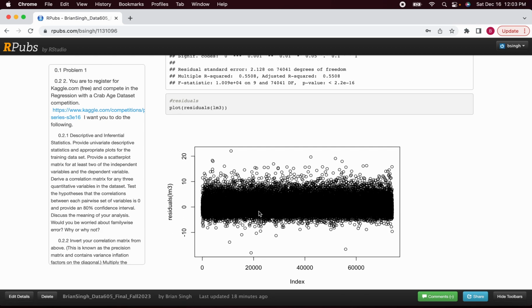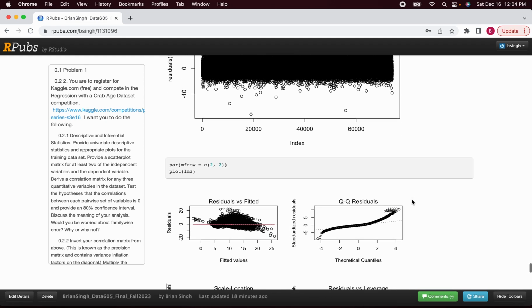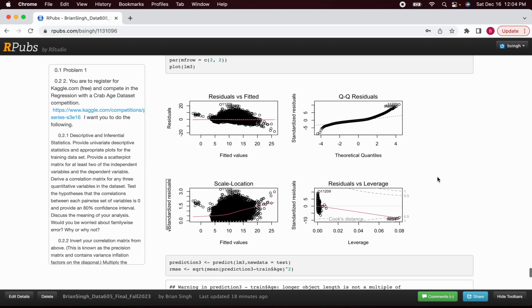Based on that, you can see some kind of normal distribution. I should have added the line, but essentially above and below the line, most of it is favoring the residuals above the line, so it could be fitted a little better. You can see that here as well. The QQ plot is not a perfectly diagonal line, with some outliers affecting the performance of the model.